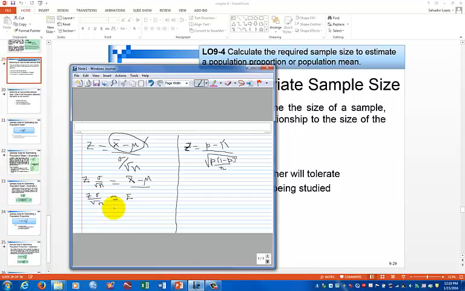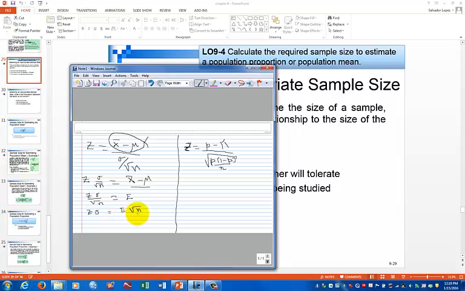Now we can multiply both sides by the square root of n. So on the left-hand side, we just have this, because the square root of n will be cancelled with the other square root of n. On the right-hand side, E times square root of n.